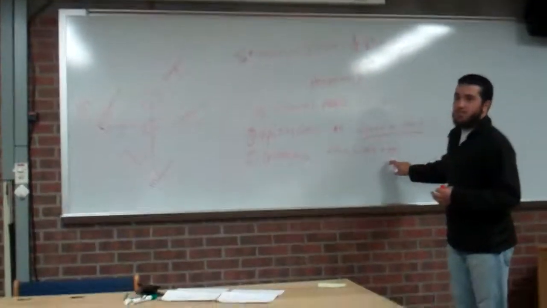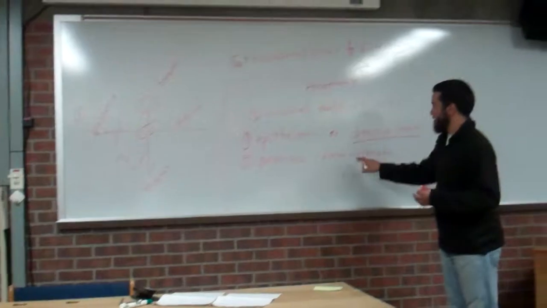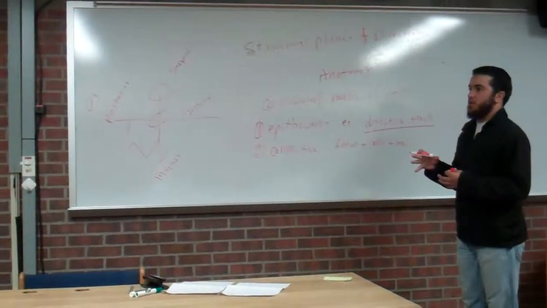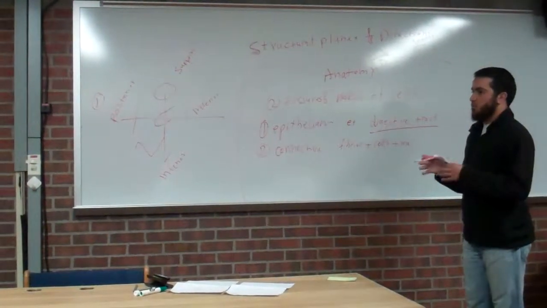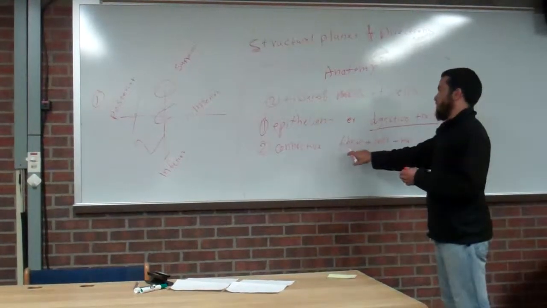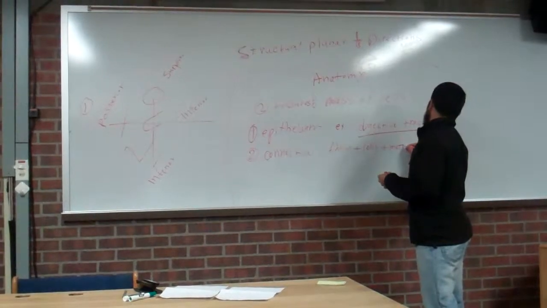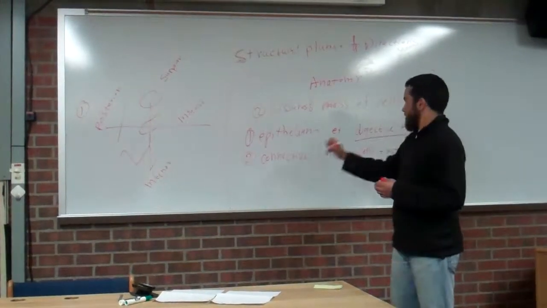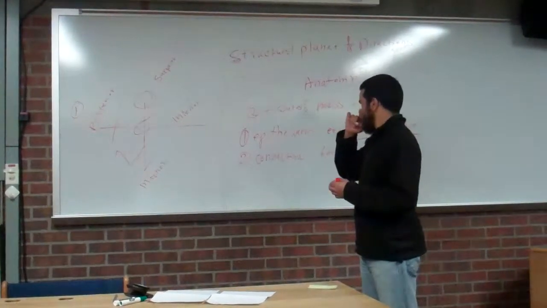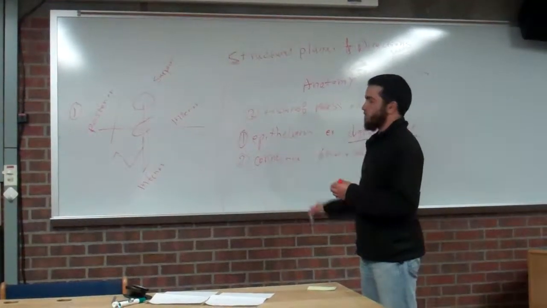Matrix is a substance between the cells to make the cells move smoothly inside the fibers. You will see the connective tissue under the epithelial tissue.